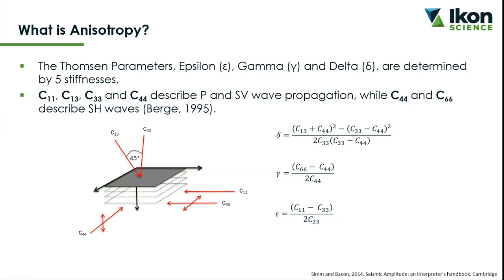Those will modify the effective velocities and of course have an impact on the subsequent reflectivities that would be calculated from the combination of those velocities with the density information.